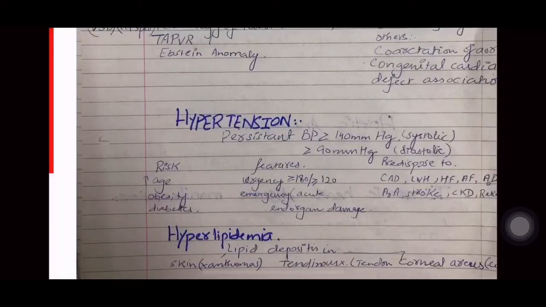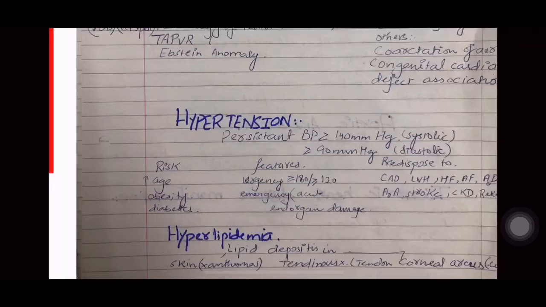Risk factors include increasing age, obesity, diabetes, physical inactivity, etc. 90% of hypertension is essential primary hypertension and related to increased cardiac output and increased total peripheral resistance. Remaining 10% are secondary to renal or renovascular diseases such as fibromuscular dysplasia.